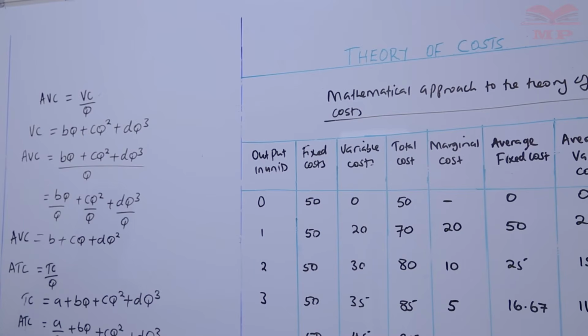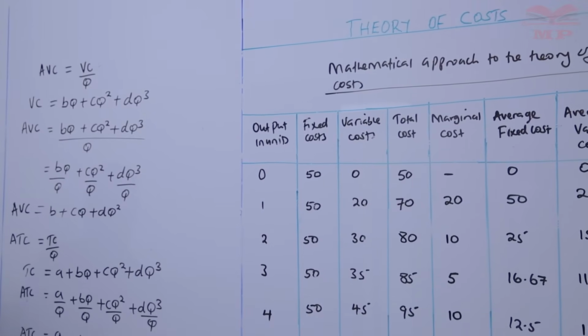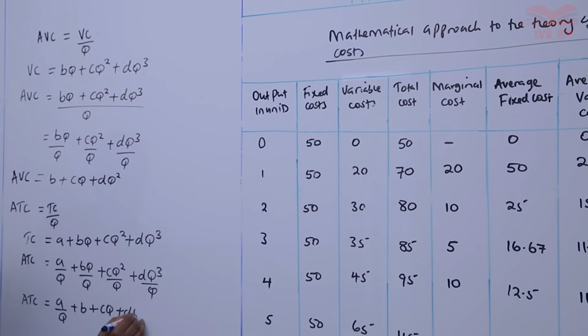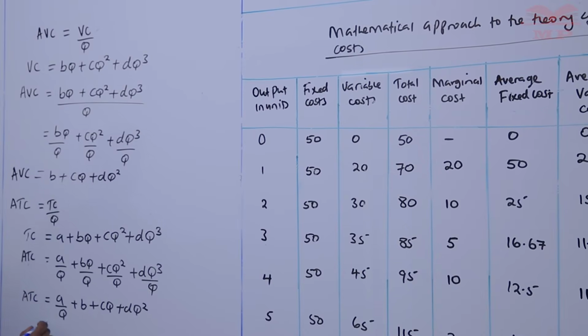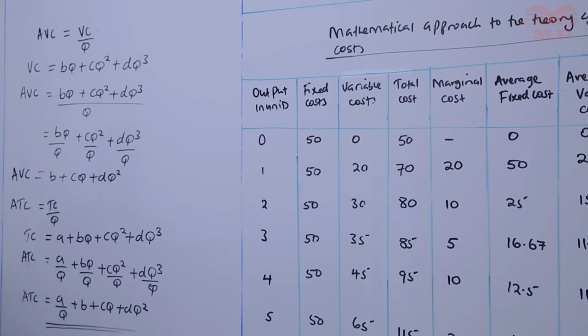It will be equal to A over Q plus B plus CQ plus DQ squared. And that will be our average total cost.